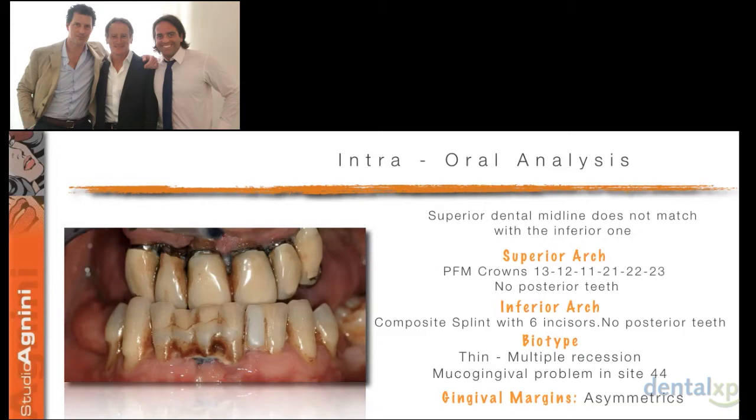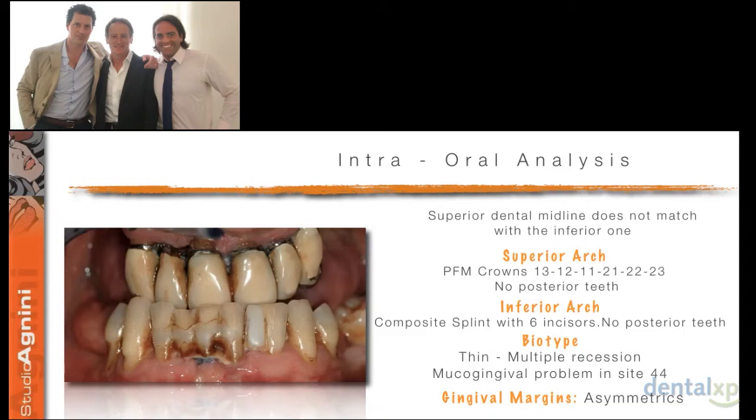As I said at the beginning, he was wearing a partial removable prosthesis that was no longer fitting, so he was not using it anymore. In the inferior arch, he has a composite splint with 6 incisors, and there are no posterior teeth again, apart from one molar in the bottom left side.